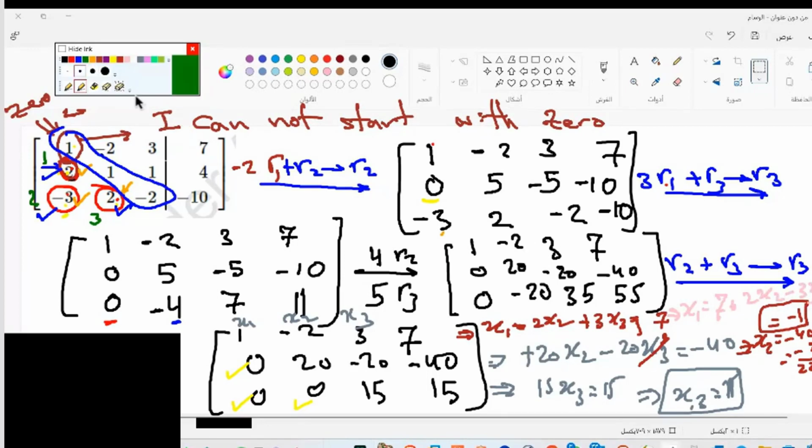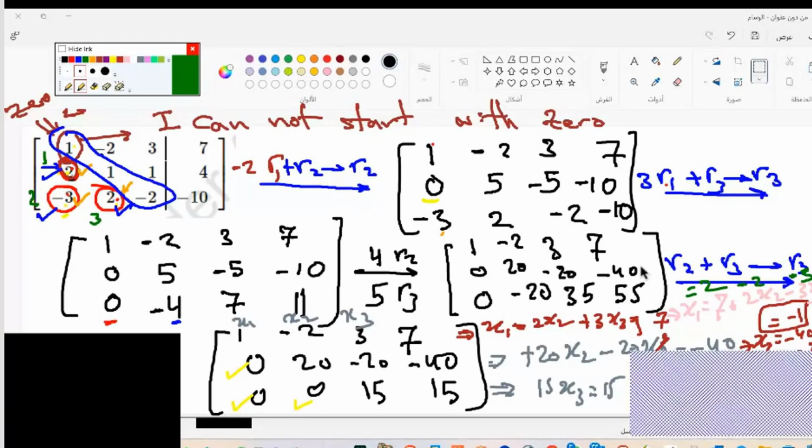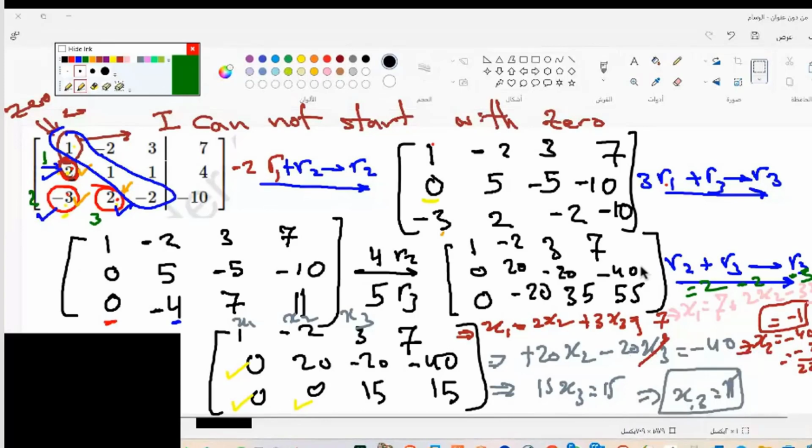Put the numbers here. x2 is minus 1, so it is minus 2. Here minus 3, it is minus 3. Minus 3 with minus 2, it is minus 5, so it will be 2. Correct? Is it correct? Yeah. So now x3 to check. Yes, x3 is 1, Jamal. 15 over 15.